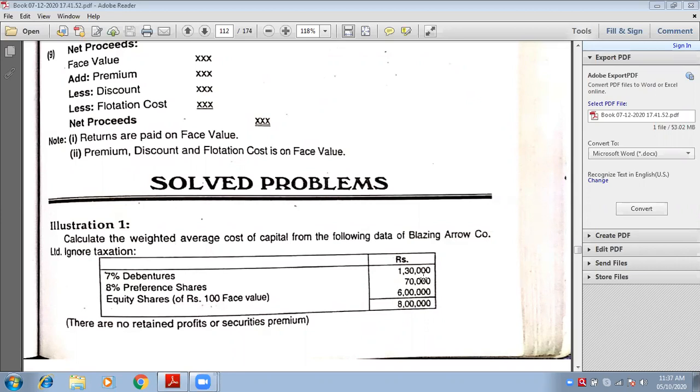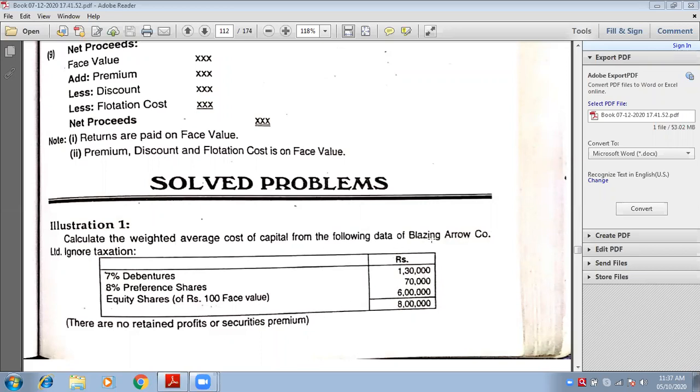There are debenture holders who have invested 1,30,000 rupees in the debentures, and there are shareholders who have invested 70,000 rupees in the preference shares. There are shareholders who have invested 6 lakhs in the equity shares.